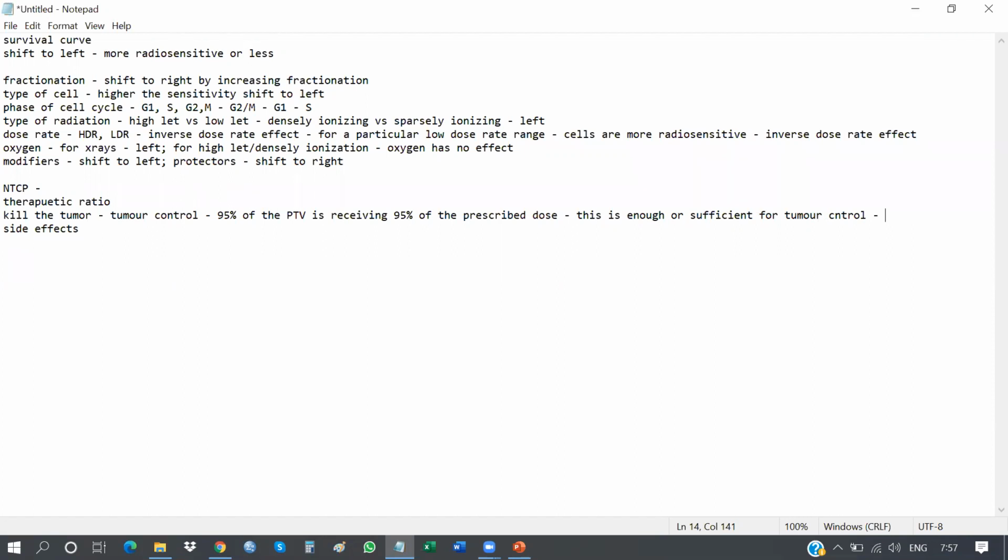In other words, tumor control is the tumor not recurring.